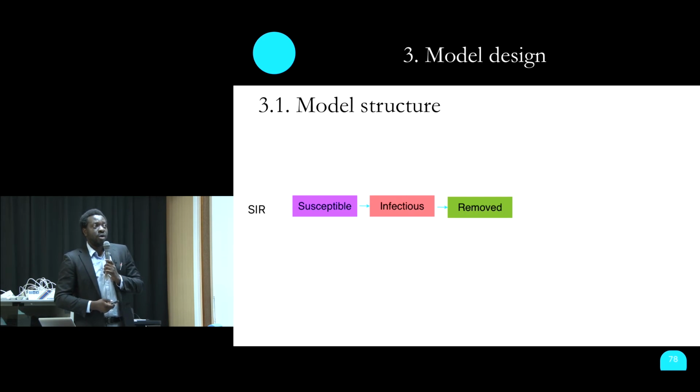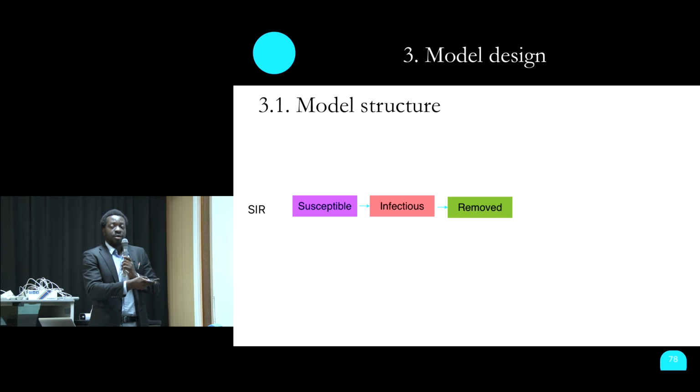But for our model structure, we will make it very simple. We are working with SIR, meaning that we have susceptible. Once you leave the susceptible box, you become infectious, meaning that you can transmit the infection to other people. And the next step, you are removed, you are immune forever. So our model for today is the SIR model.